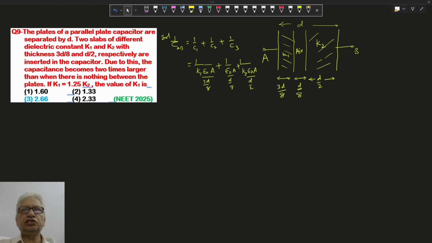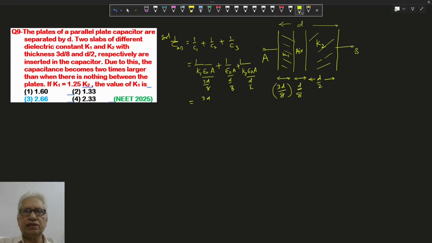And C1 means K1 epsilon naught A over 3d by 8 distance, then 1 upon epsilon naught A over d by 8 distance in air, and the last portion 1 upon K2 epsilon naught A over d by 2 distance.